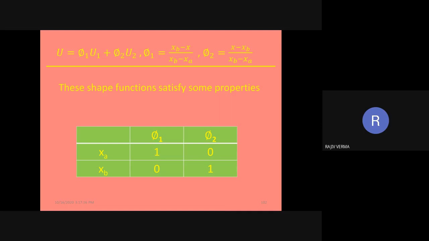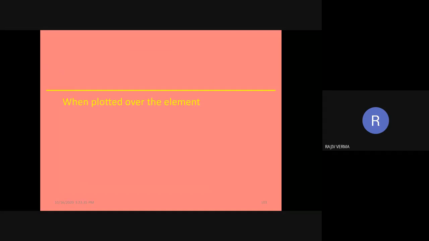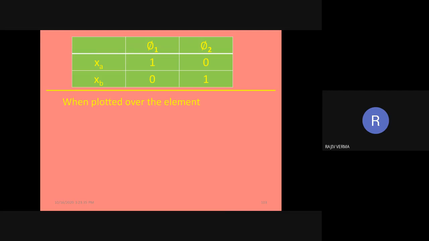Now, coming to the next slide. Here we are going to plot the shape functions over the domain of the element. So we have a truth table. This is the variation of phi1 over the element.